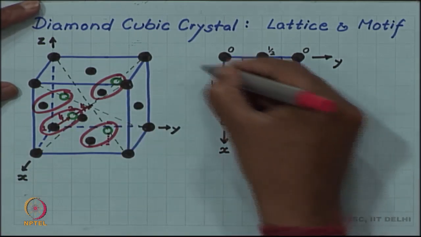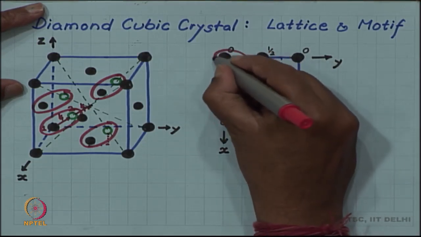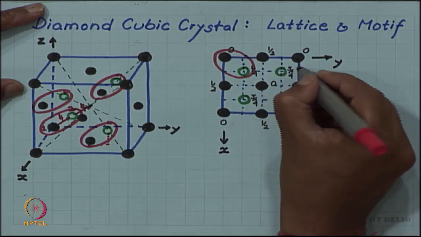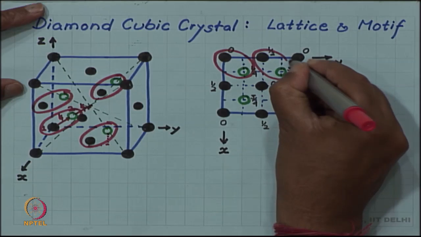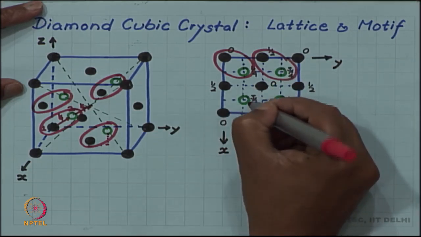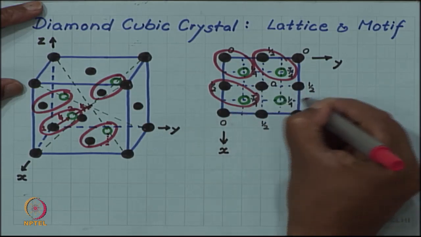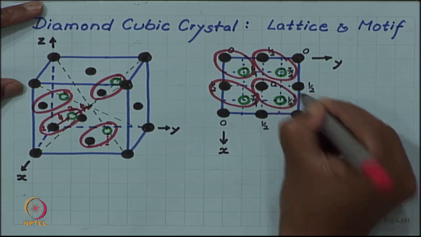It is probably easier to see in the projection that this 1/4 atom is associated with that lattice point, this 3/4 atom is associated with the face center at the back, this 3/4 is associated with the face center at the left, and this 1/4 is associated with the face center at the bottom.